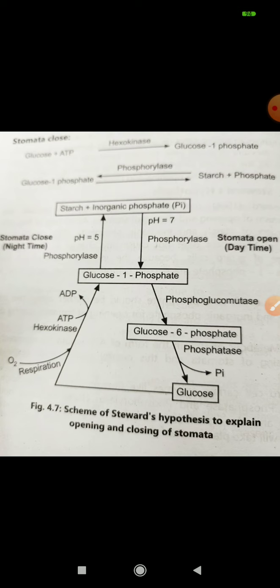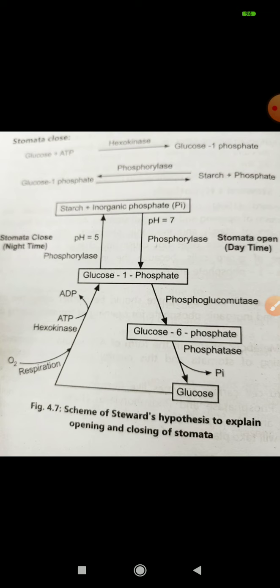The steps we will discuss in brief. So during day, photosynthesis takes place. Due to what? Carbon dioxide is utilized, and there is a decreased level of carbon dioxide in the mesophyll cells of the leaf. Due to decreased carbon dioxide, there is an increase in pH of the guard cell.